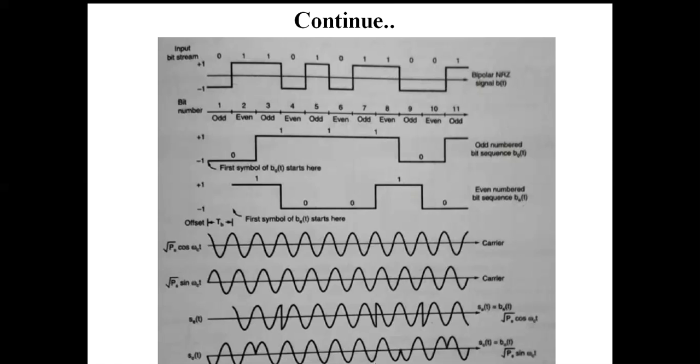So this is nothing but conventional PSK. And this one is the even portion, the SET, where the carrier used is root Ps cos omega ct.